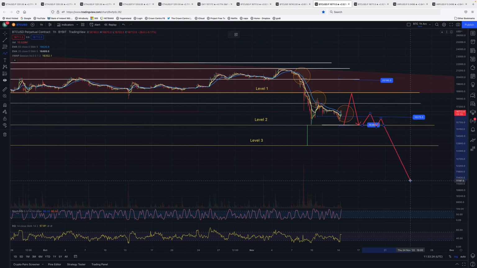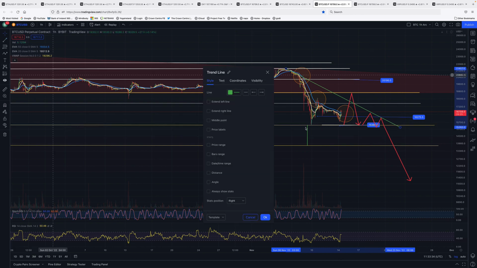So this would be the normal swing of events. So there would be some smaller swings in this triangle formation.